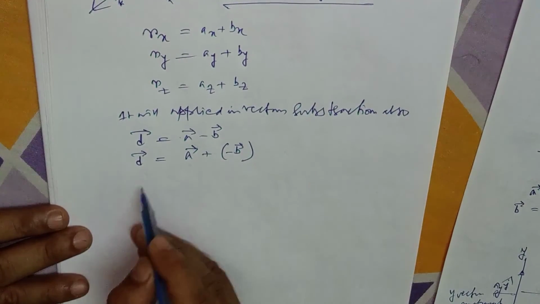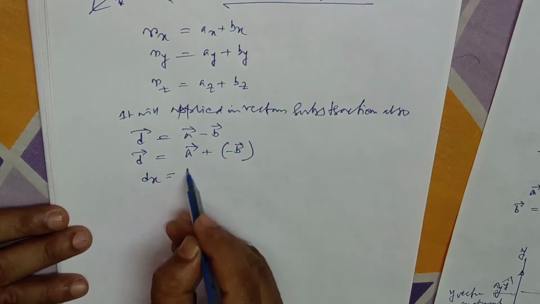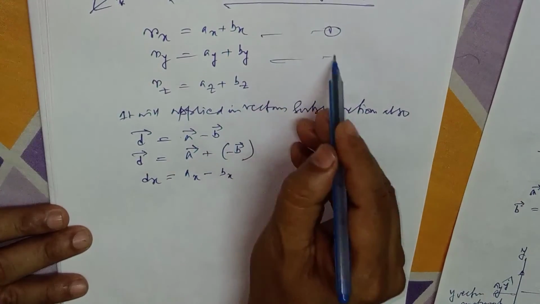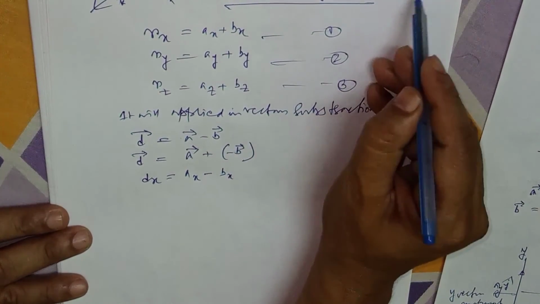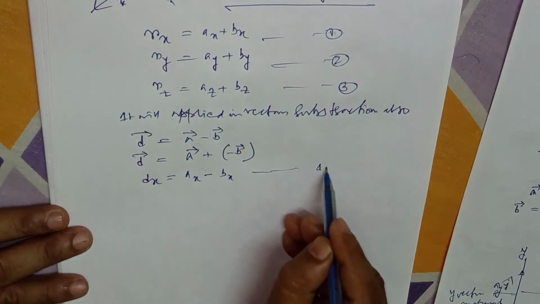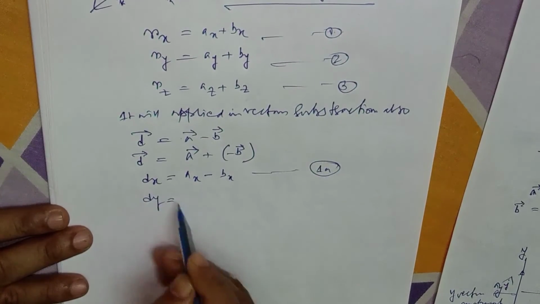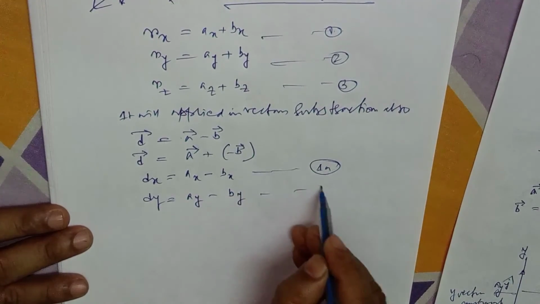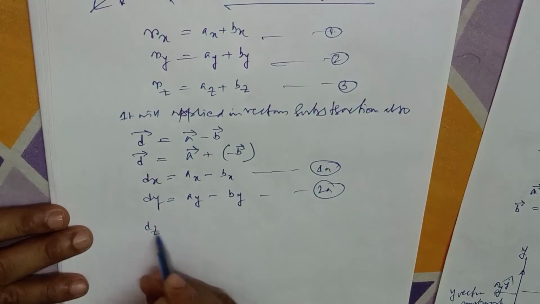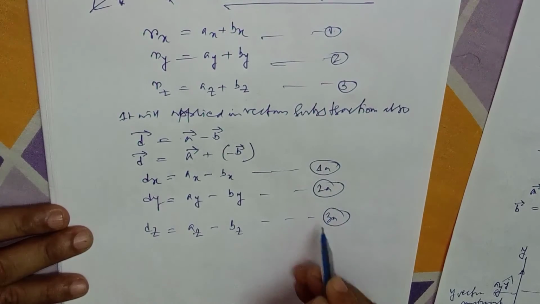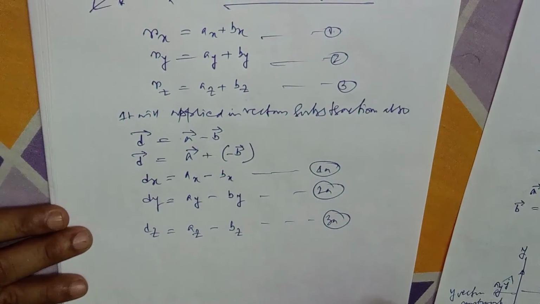So we'll get dx equal to ax minus bx, that's 1. Similarly, dy will be ay minus by, that's 2, and dz will be az minus bz, that's 3.